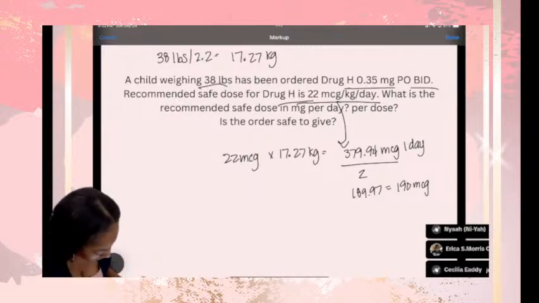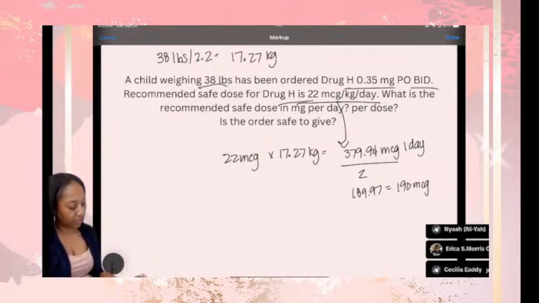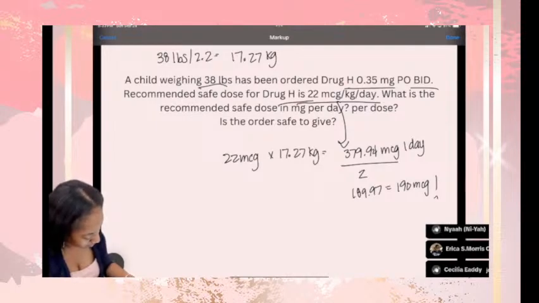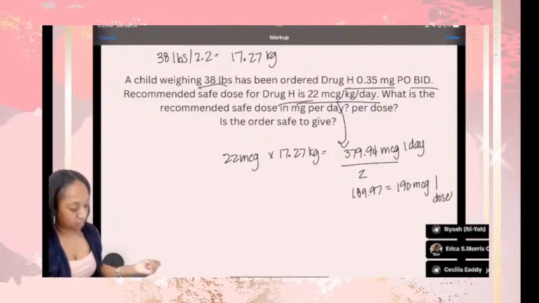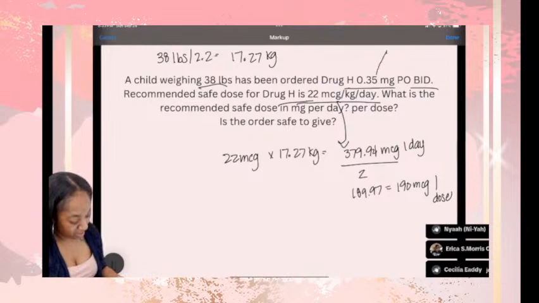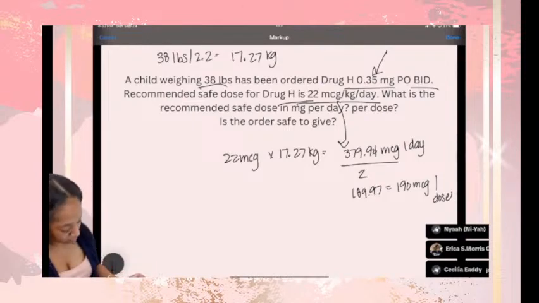Alright. So then you will look at it. That's per dose. You look back at your ordered dose. Of course, you would have to convert milligrams to micrograms.